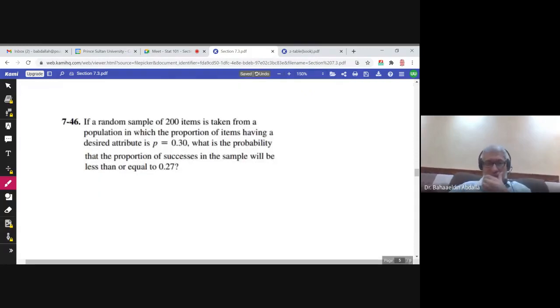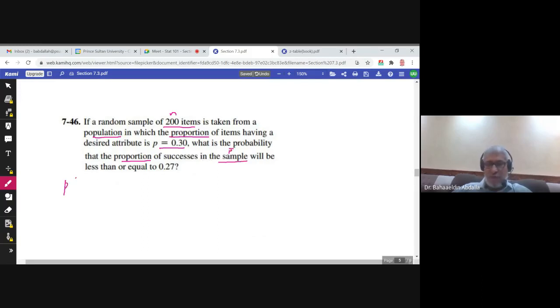Another question. If a random sample of 200 items, so this is small n, is taken from a population in which the proportion of the population of items is 0.3, so P is 0.3. What is the probability that the proportion of successes in the sample, proportion in the sample, so he's asking about P bar.